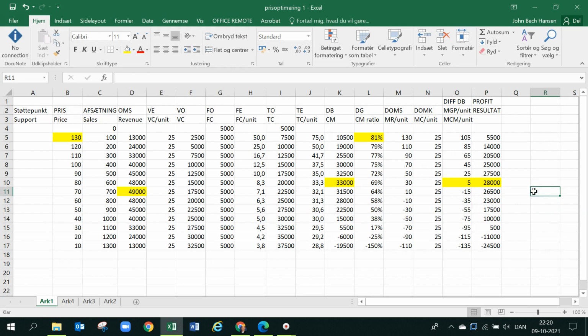Let's say that this here is a situation where we are selling this product and we have found out that we will go out in the market with the price of around 80 or 82.5 or whatever. Let's say we go out with 80, or a strategic price of 79.9, 79.95.